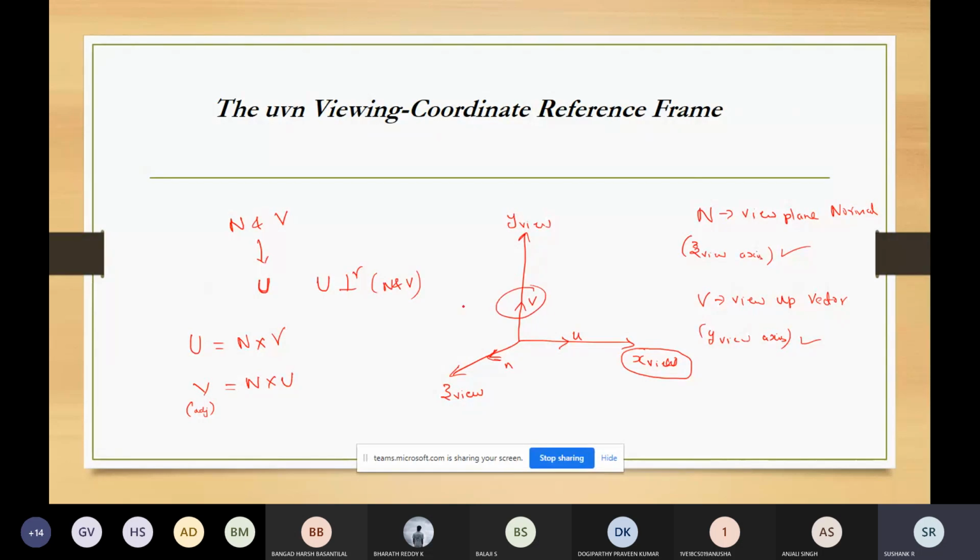By taking the cross product of N and V, we are able to obtain the value for U.